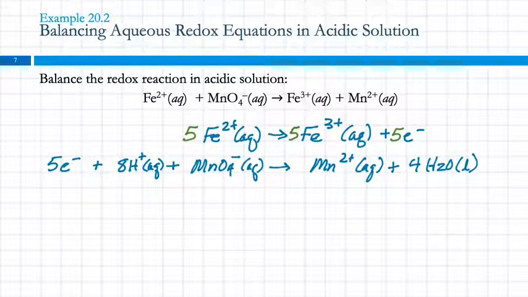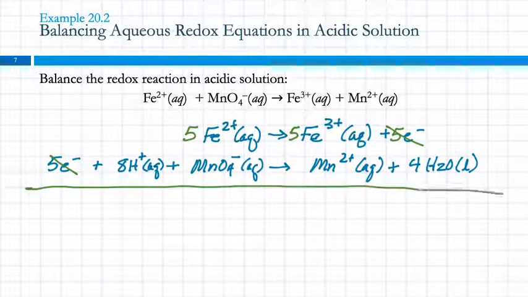So when I add these together, now the electrons disappear. So now I'm going to add these two together. So the 5 electrons canceled out. And it can be helpful to look and see if there's anything else that's going to cancel out. I don't see anything else.